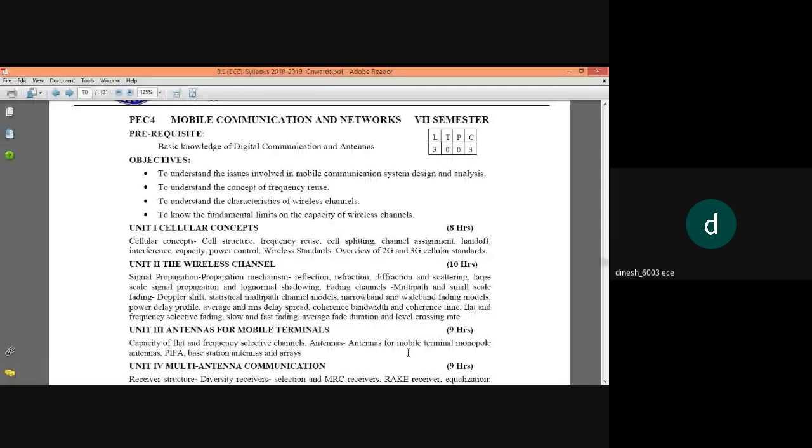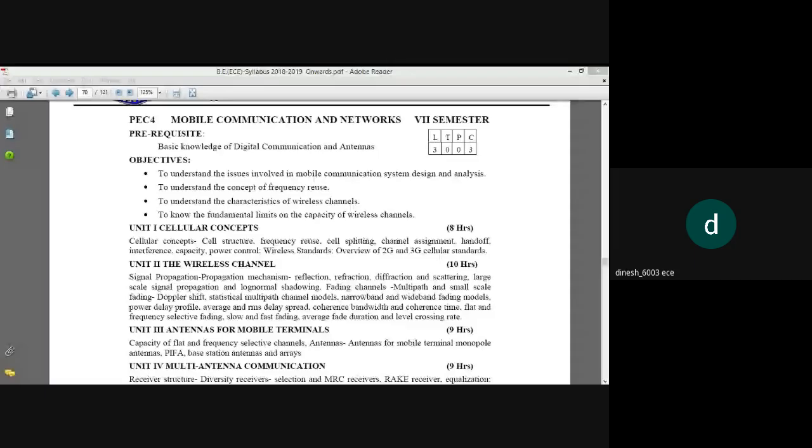Only this much is enough for mobile communication. I am able to see some responses. Okay, some 10 members have responded so far that they are not familiar with antennas. No issues.